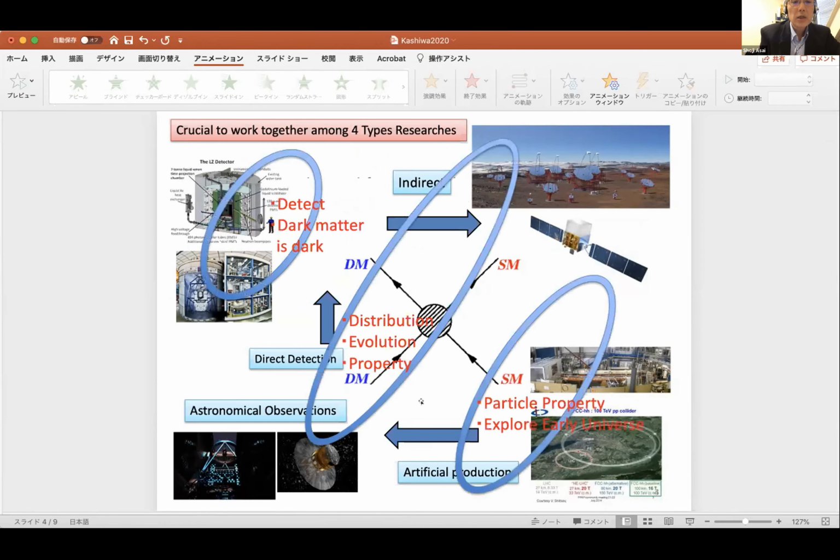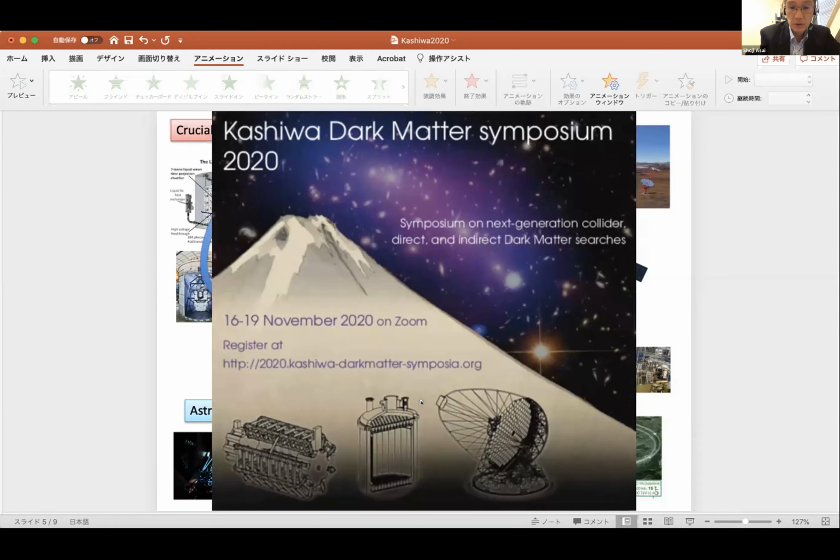This collaboration is very crucial. Coherent work is necessary to identify dark matter, study its particle properties, and explore the early universe and its history. This is the motivation of this workshop from the last years.